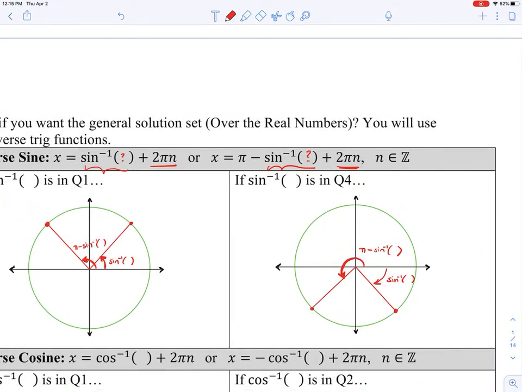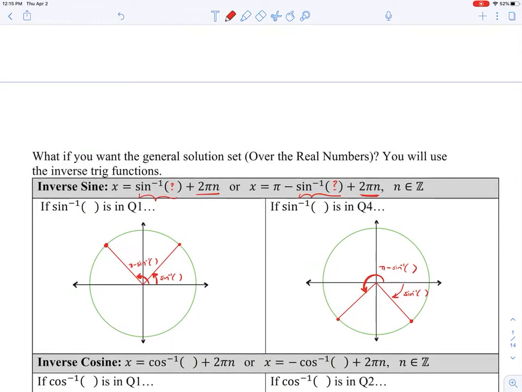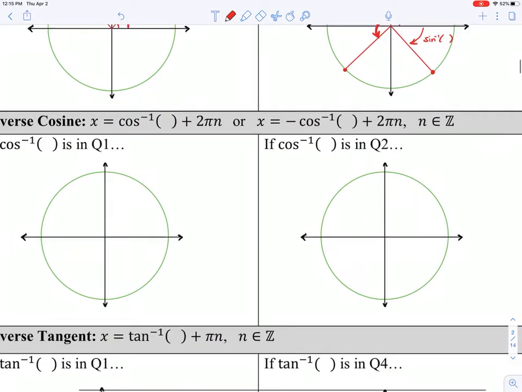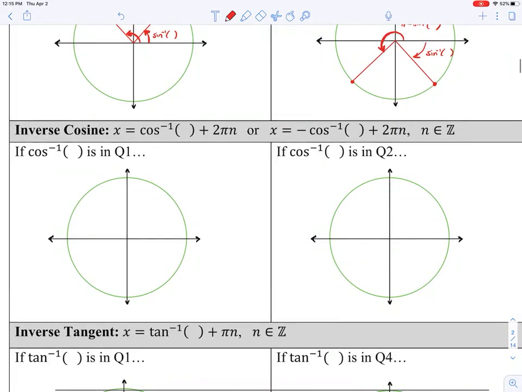Okay, so that's why x equals inverse sine plus 2 pi n, or x equals pi minus inverse sine plus 2 pi n, where n is an integer, represents the general solution set, so all of the possible solutions to a trig equation that has sine in it. Now let's say that you have to use inverse cosine.